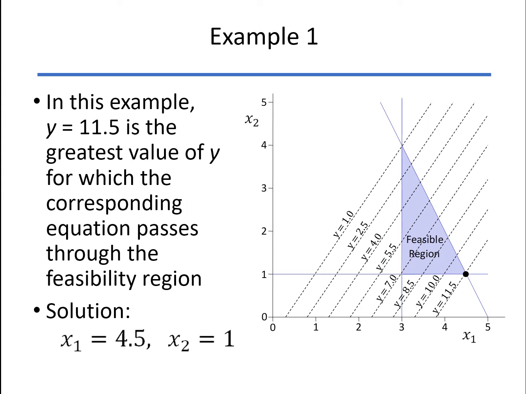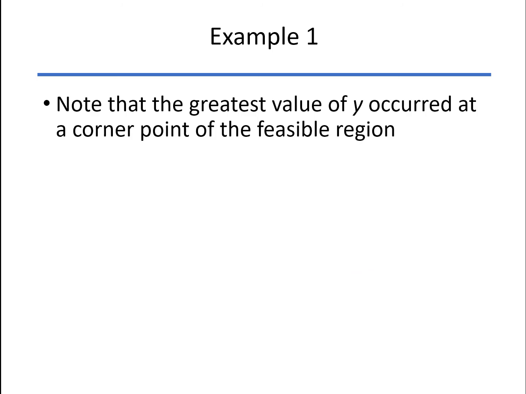So in this case, x1 is 4.5, x2 is equal to 1. That produces a value of y of 11.5, which is the greatest value of y that I can have, where x1 and x2 still meet all 3 of our constraint equations.